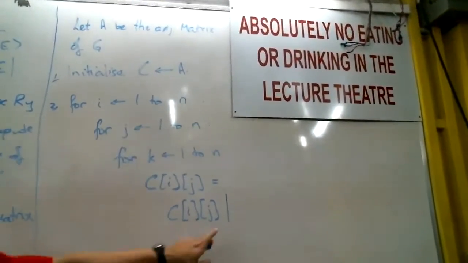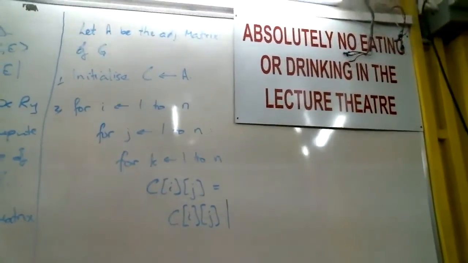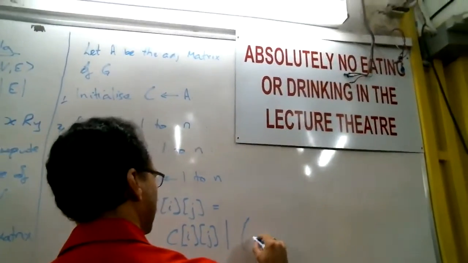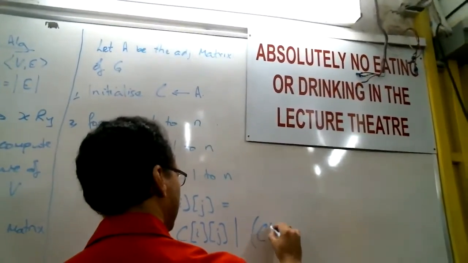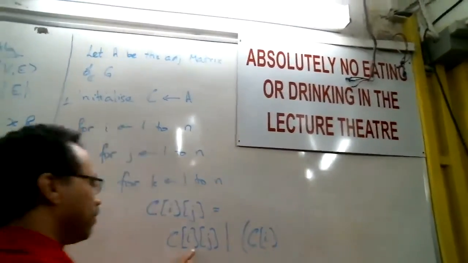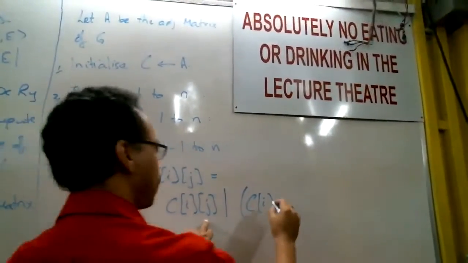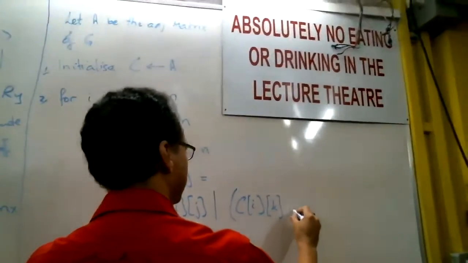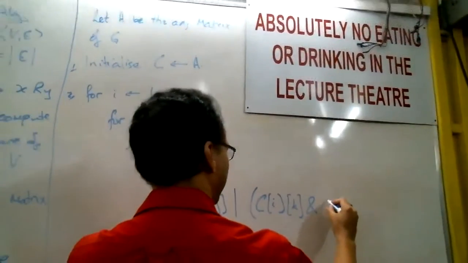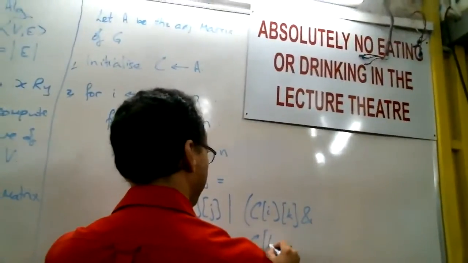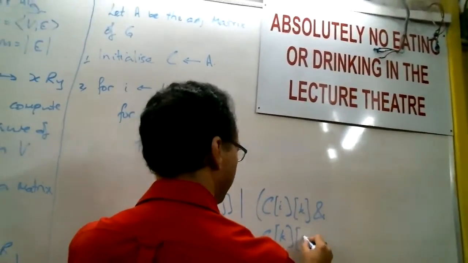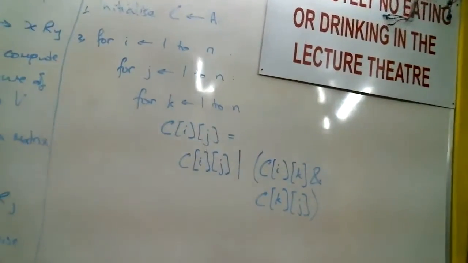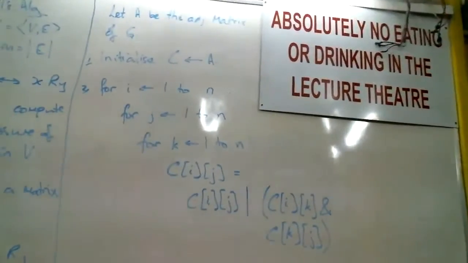Do you understand that to mean bitwise OR? So either I is already connected to J, or I can reach K and K can reach J. That's it. That's the whole algorithm.